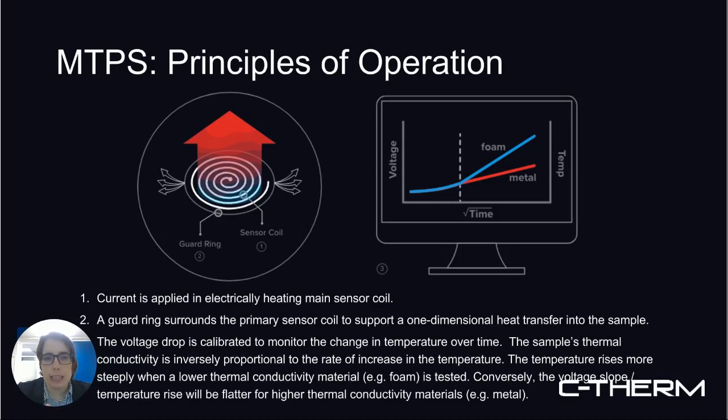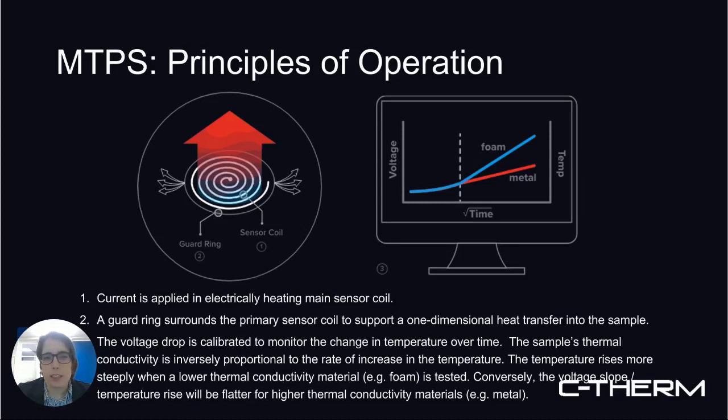When you're running an MTPS test, the measurement works on a pretty straightforward principle. You place the sample on top of the sensor and apply a heat pulse through the sensor spiral, which is the heating coil, the spiral in the center there.